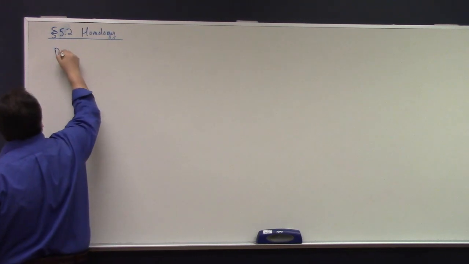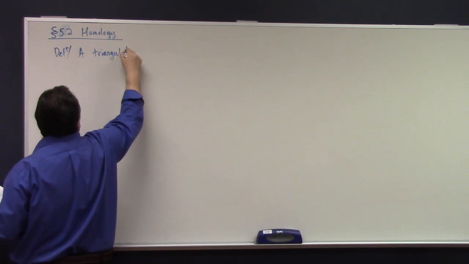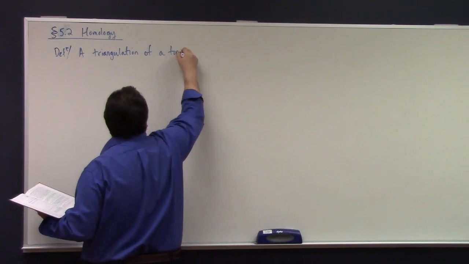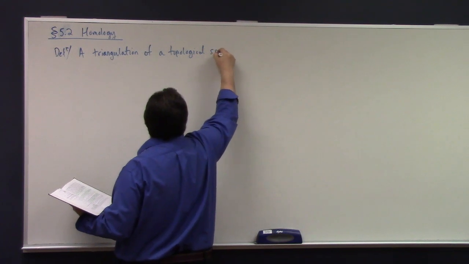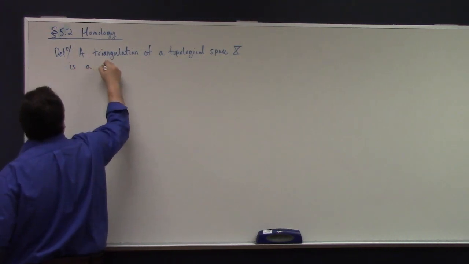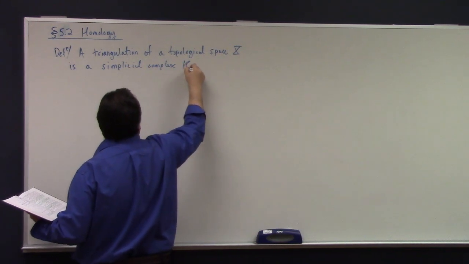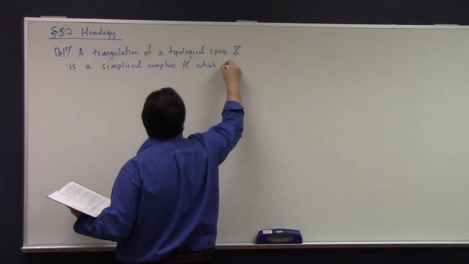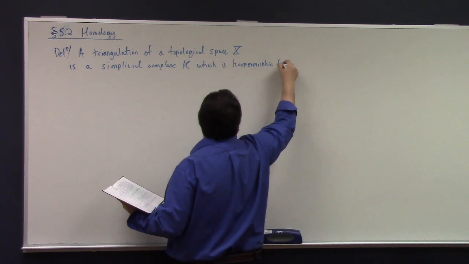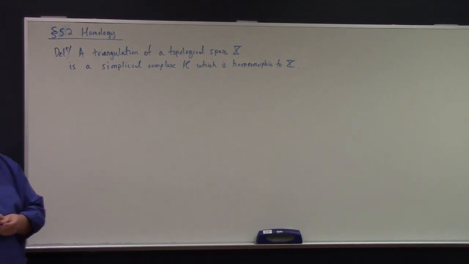All right, so, definition. A triangulation of a topological space X is a simplicial complex K which is homeomorphic to X. All right.